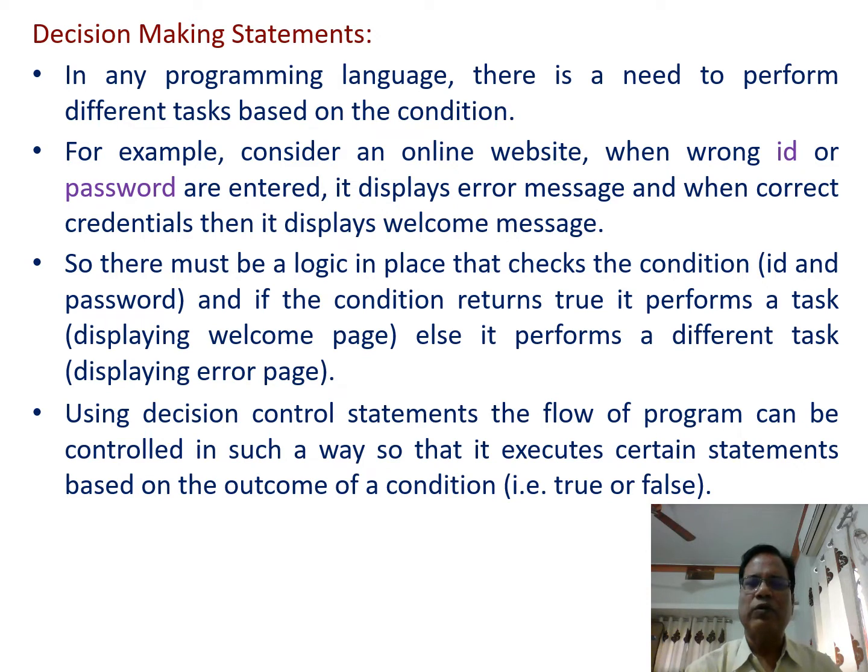Using decision control statements, the flow of the program can be controlled in such a way that it executes certain statements based on the outcome of a condition, that is, true or false.